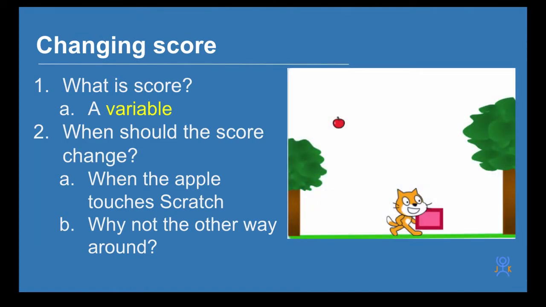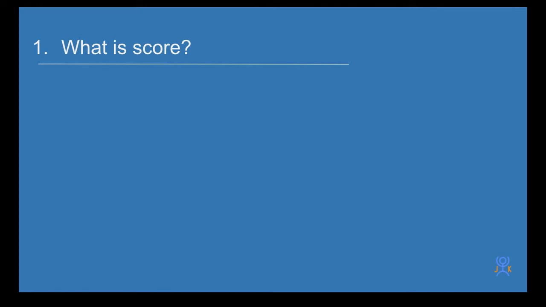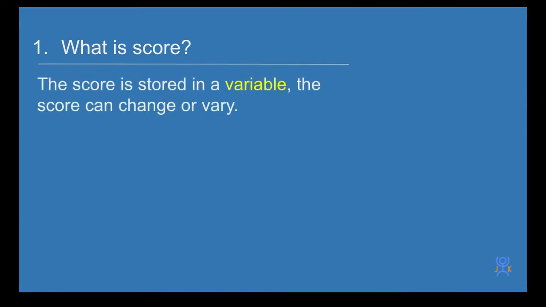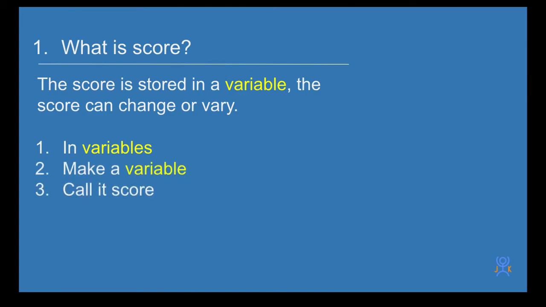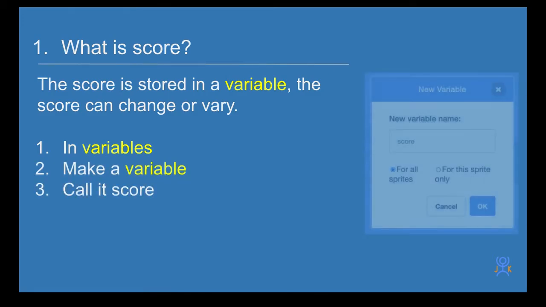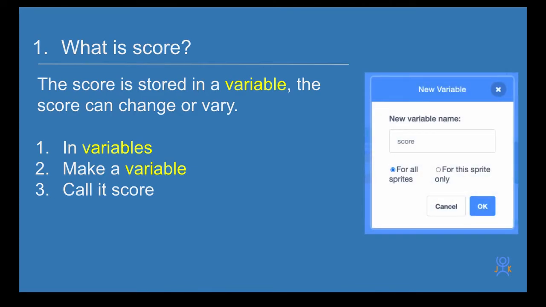So there's the pretty picture. Right, so number one, what is score? It's a variable, so the score can change or vary. And in variables, we're going to make a variable and call it score, as easy as that. So this is a place for the score to be stored in the game, but this place can change.